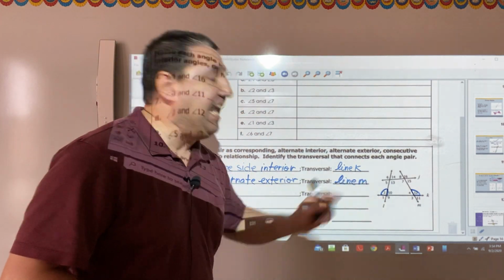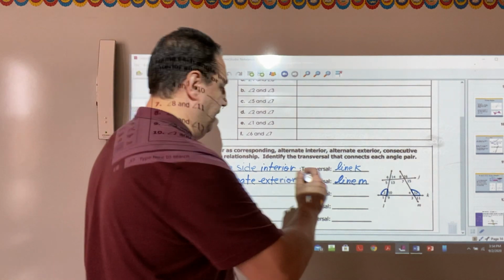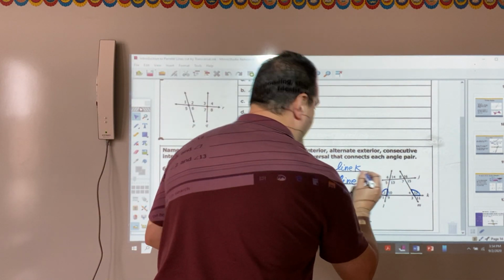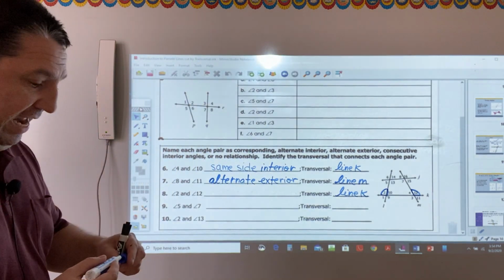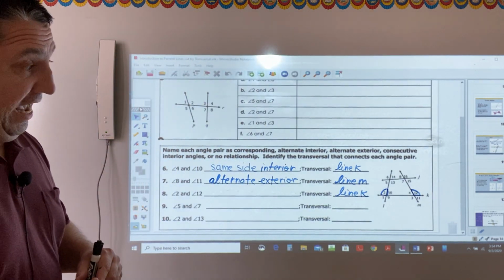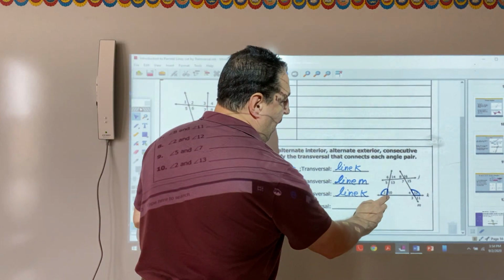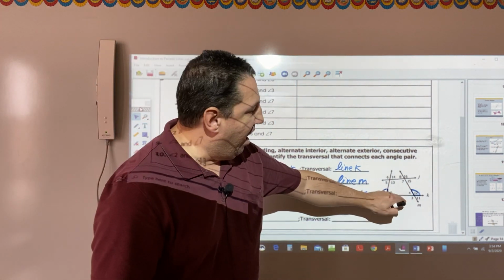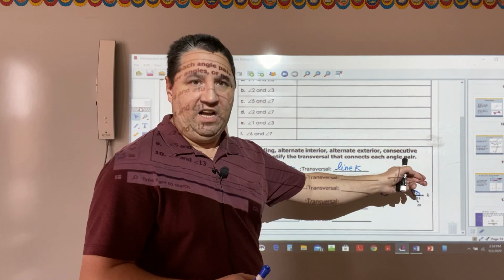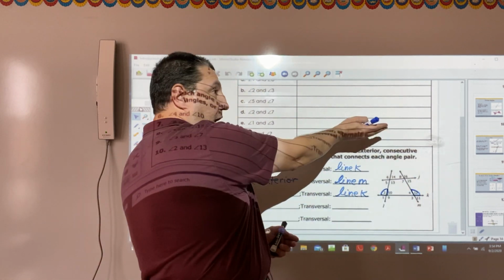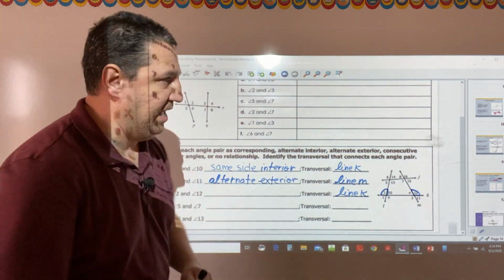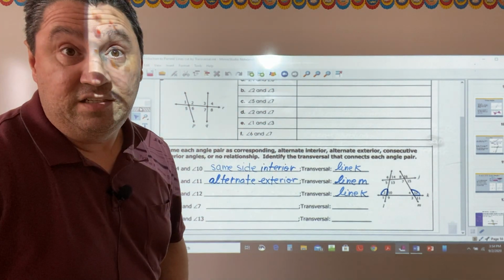So, line K is the transversal. Now, 2 and 12 are both on the same side of the transversal, both above the transversal. So they are same side.